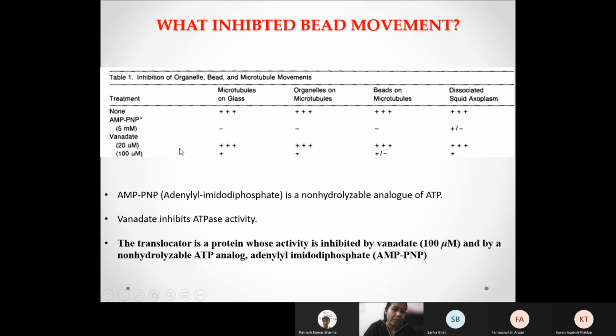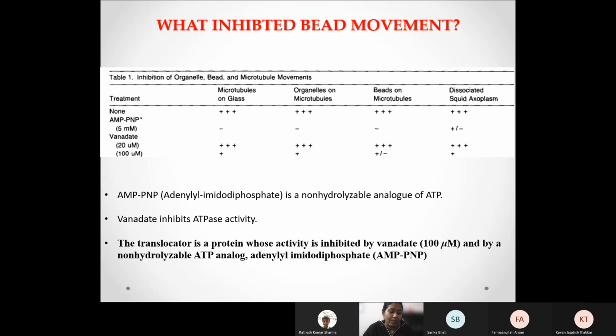They used this adenylyl imidodiphosphate, AMP-PNP. If you look at the structure of this, you'd see that it resembles very closely the structure of ATP. So it's an ATP analog, but it's an analog that cannot be hydrolyzed. So ATP can be hydrolyzed to ADP and an inorganic phosphate, but this cannot be hydrolyzed.